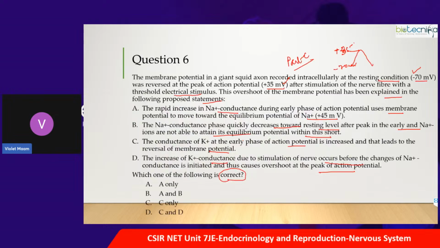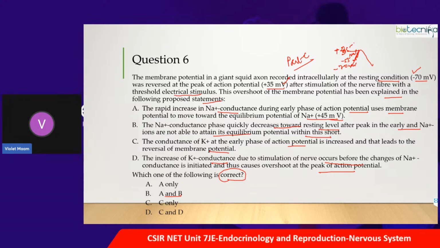Let's see the first statement. B says A and B is correct. The rapid increase in sodium conductance during the early phase of action potential causes the membrane potential to move towards the equilibrium potential of sodium. So yes, that is what is happening. Once from minus 70 it reaches the threshold of around minus 55, depolarization occurs and sodium will enter inside. So there will be a change in the membrane potential.